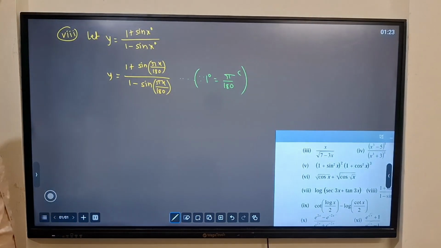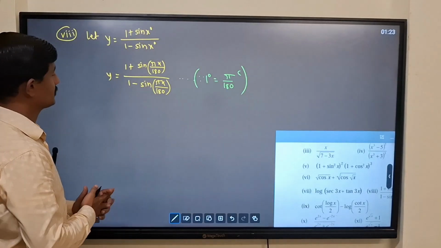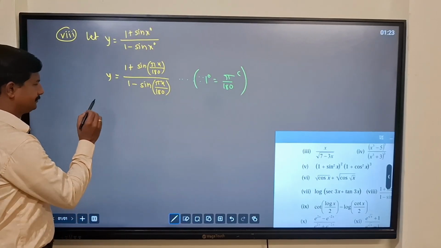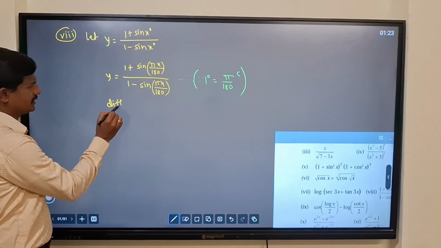Okay, now if you want to rationalize it, it's okay. If you don't want, then simply use u upon v rule. Okay, so I will differentiate it directly.